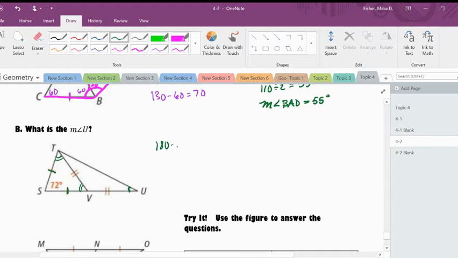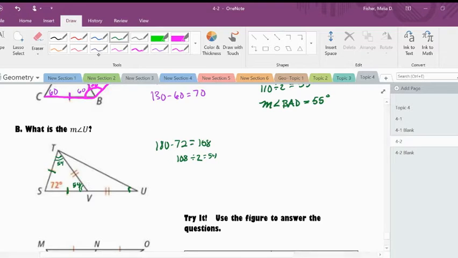So 180 minus 72 equals 108, and 108 divided by 2 is 54. So this is 54 and this is 54.